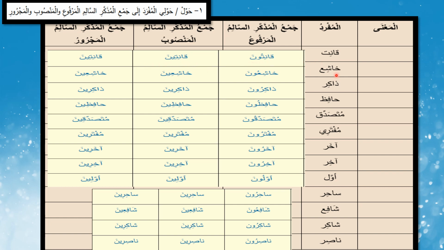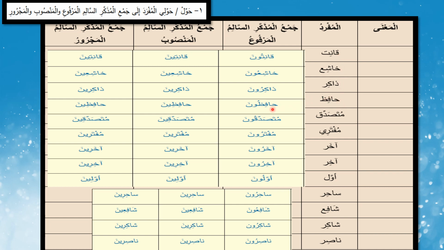Then khashi'un, khashi'una and khashi'ina, and in majroor it's khashi'in. Zakir is the one who mentions, and khashi' is the one who fears, and qanit is the pious one. Hafiz is the protector.